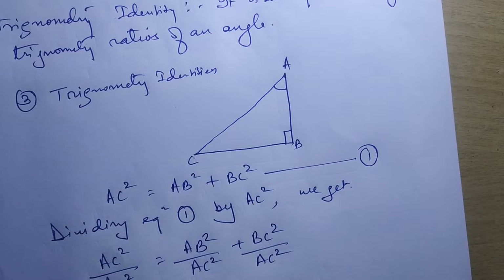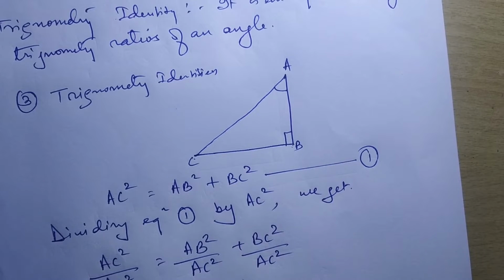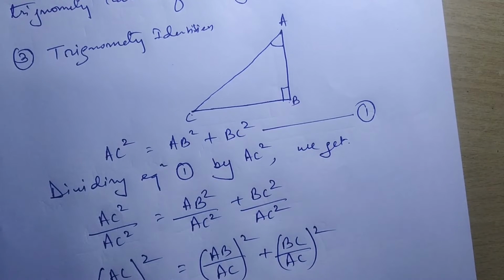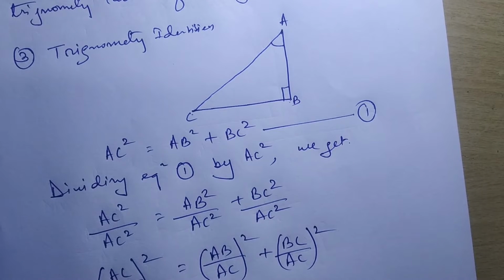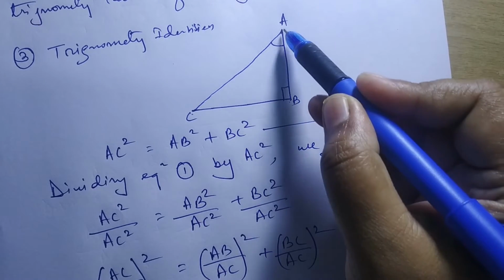Let me arrange this one. I can write it like this: AB by AC whole square plus BC by AC whole square. Now this is 1, AC by AC is 1. Now what is AB by AC?